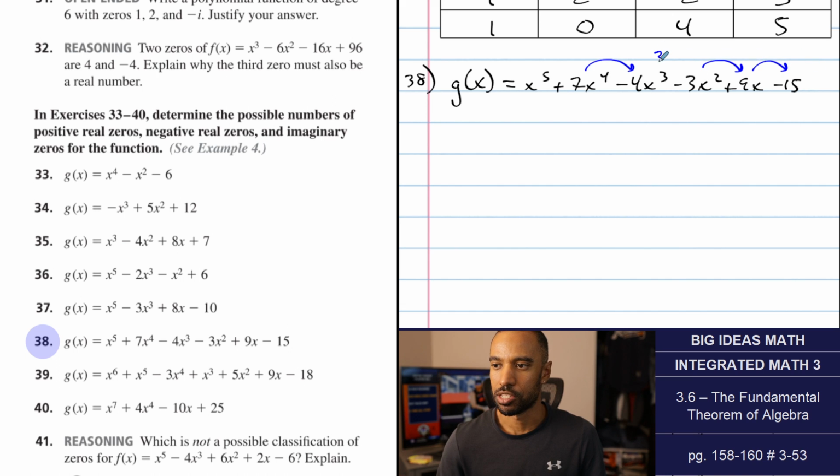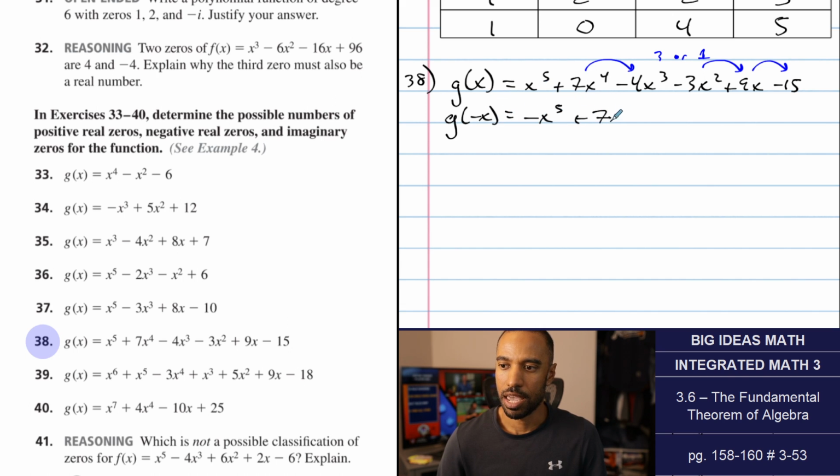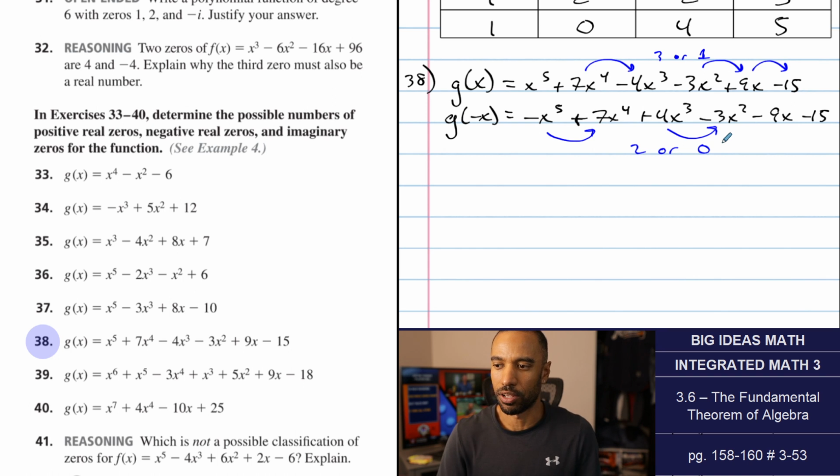Okay, that's a case of 3 or 1 for positives. For g of negative x, hopefully you're good on this sign change idea. Change, same, change, same, change, same. How many sign changes? 1, 2. 2 or 0. Okay, that looks like another 4.